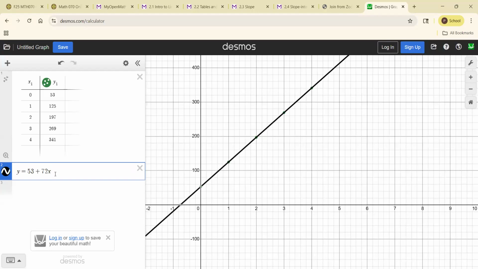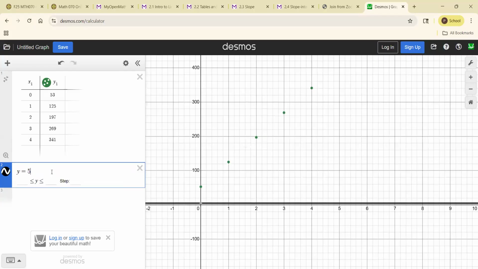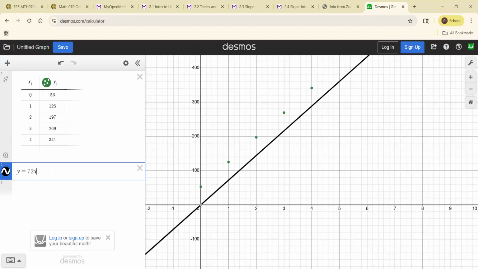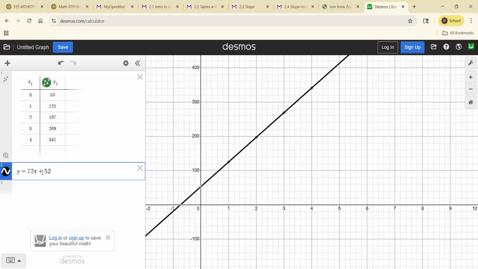This maybe is how you would build it first. This isn't quite mx plus b form though, because it's backwards. So I'm going to write it as the slope 72 times x plus the initial value 53. And here we have our symbolic form, and we can see that it looks like I did it correctly, more or less, because all those dots are right on the line.